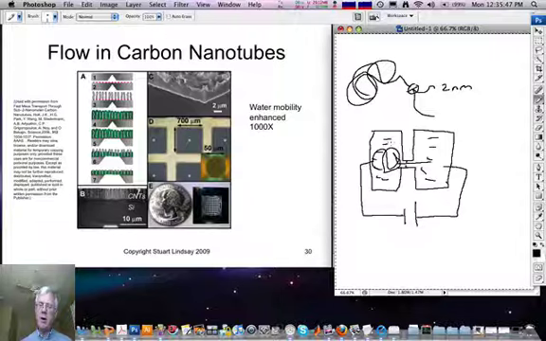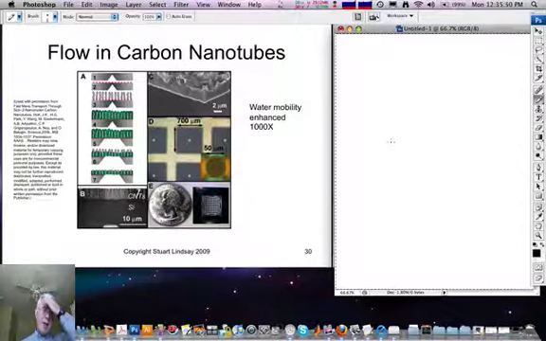Yet another way of nanostructuring is to rely on strong chemical interactions at surfaces to completely dominate flow when channels are very small. This is an example of a carbon nanotube-based membrane.